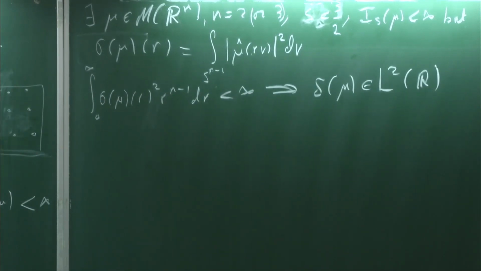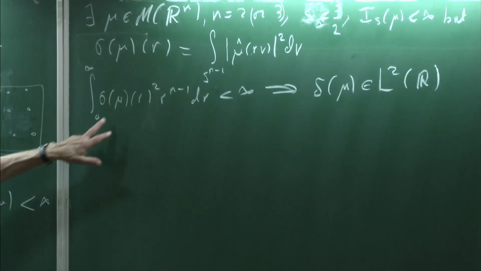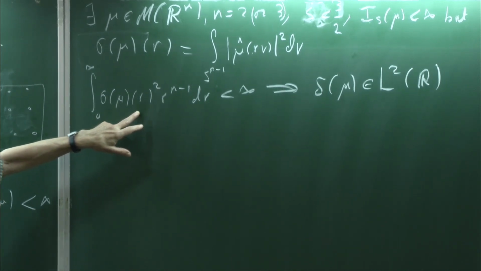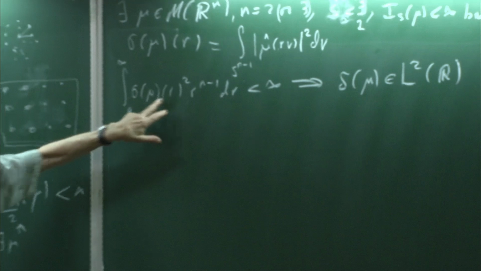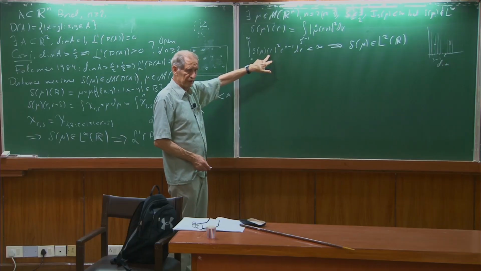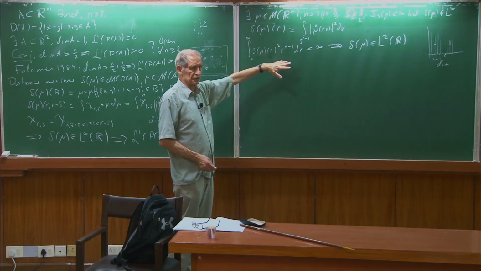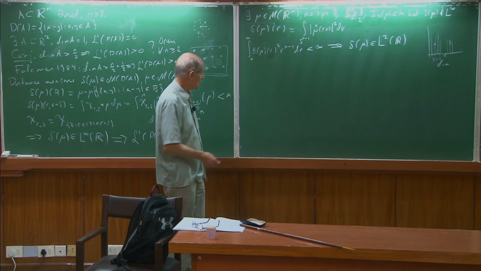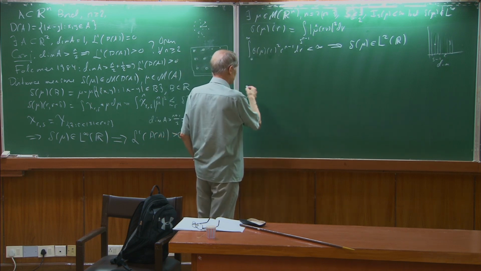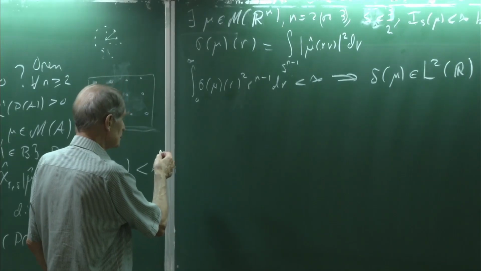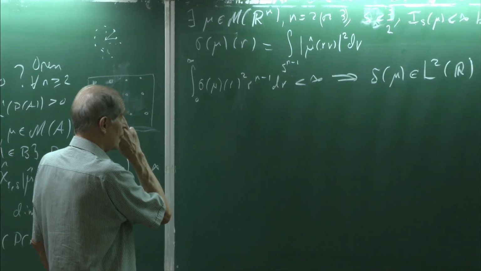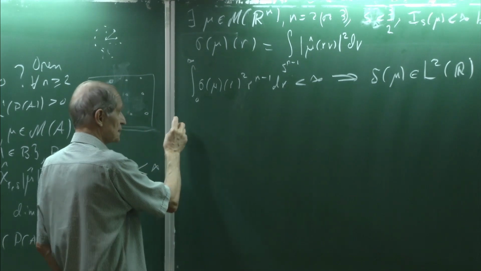And then if you have good estimates for the sigma mu r, how they decay at infinity, then you can, there are two factors in this square. You can estimate the one factor, and then the rest of the integral gives you one energy integral. And in this way you will get to the distance set results.